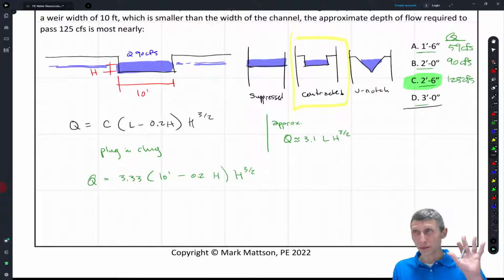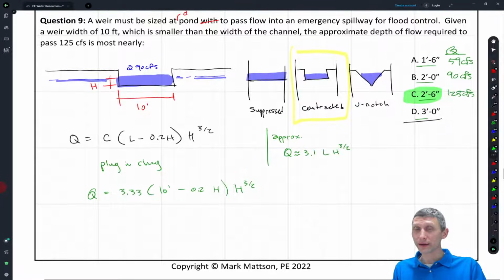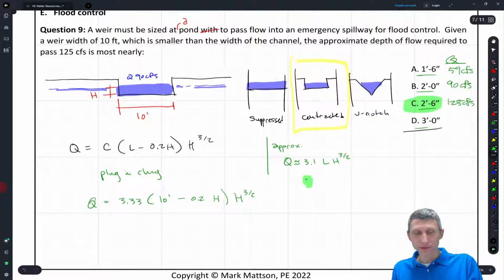So this is kind of a brute force approach, but sometimes that's what we're looking for, is trying to find how we're going to get 125 CFS with this. Okay, so even with this approximate formula, so we can go back and check this, but with this approximate formula, 3.1 times 10 feet times what, 2.5 feet to the 3 halves, this is going to give us an approximate flow.